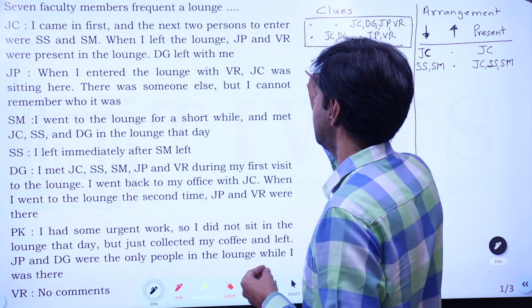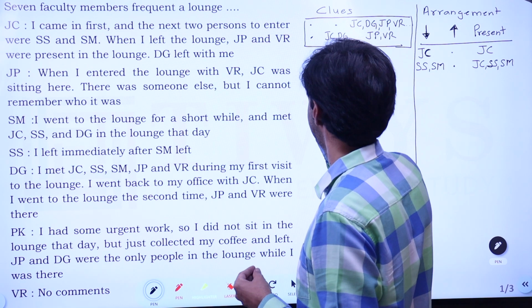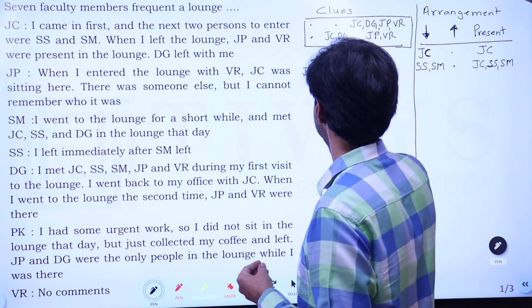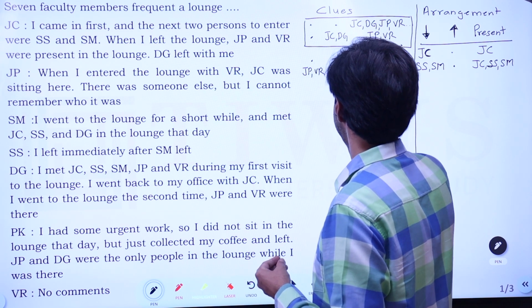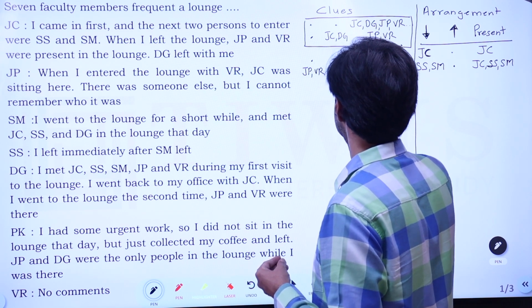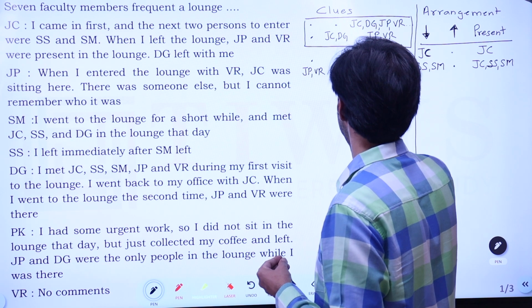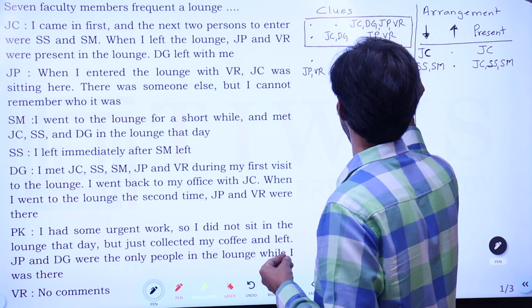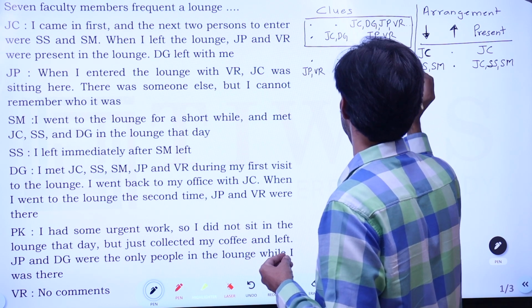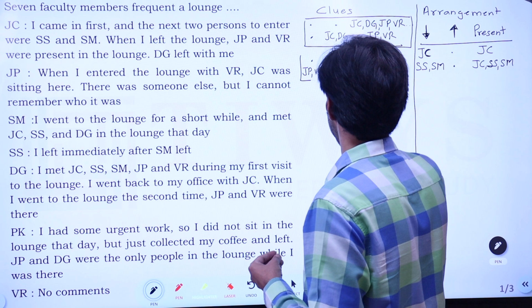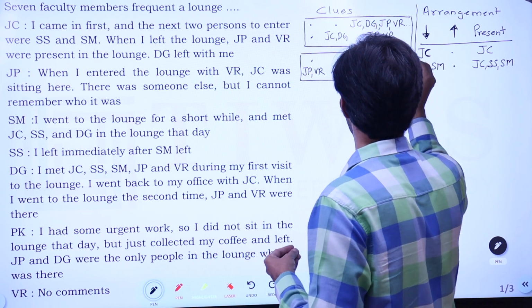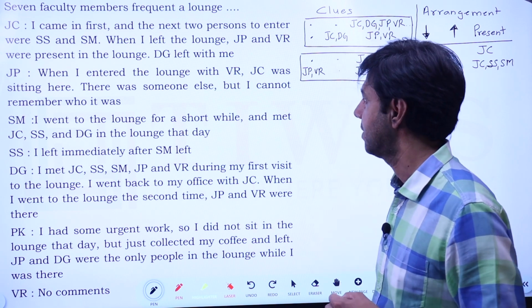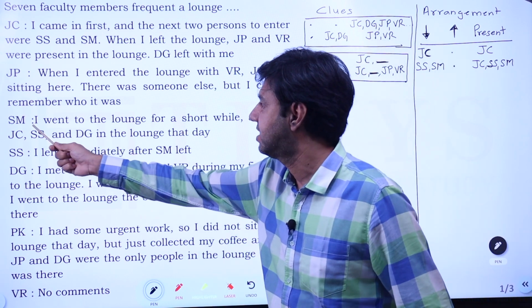At this moment, there's an entry of JP with VR. After they enter, there would be JC, the unknown person that we don't know as of now, and JP and VR. These are the 4 people in the lounge. So this is a second clue. I like to mark it as boxes, so I can pick this as a packet and put it anywhere here.